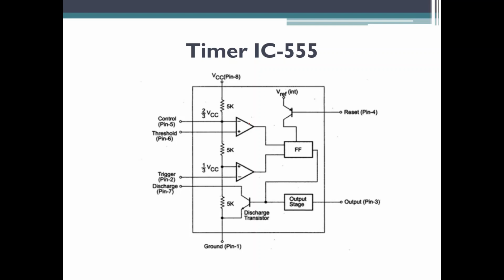The outputs of these two op-amp comparators are connected to an SR flip-flop. This is your SR flip-flop. The output of the SR flip-flop is connected to the output stage, and it is also connected to the discharge transistor. Discharge transistor means it is the transistor which will be discharging the output of the flip-flop when it is needed.